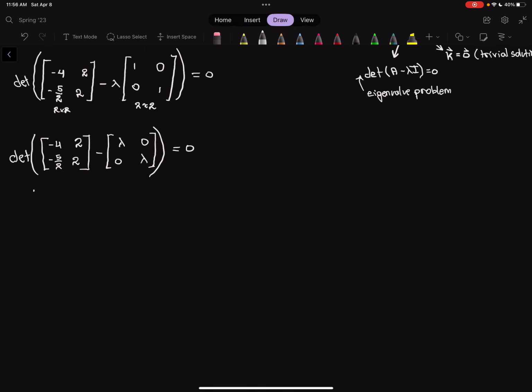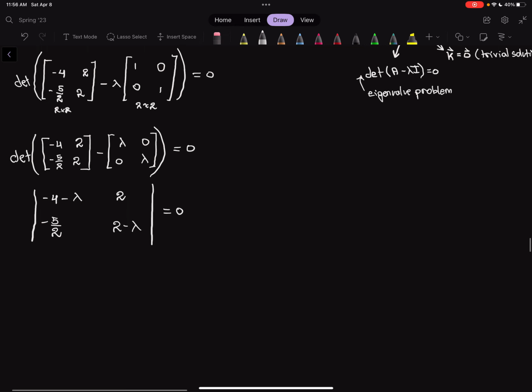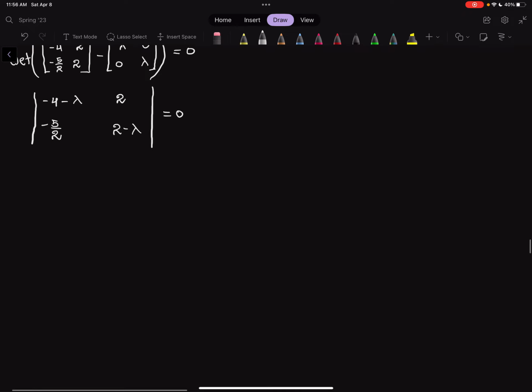So now I can write the determinant this way by using the vertical walls, and we get -4 minus lambda, 2 minus 0, which is just 2, -5 halves minus 0, which is just -5 halves, and 2 minus lambda. Now we close this, and we set it equal to 0. To find the determinant of this 2 by 2, we multiply this entry by this entry and subtract this entry by this entry.